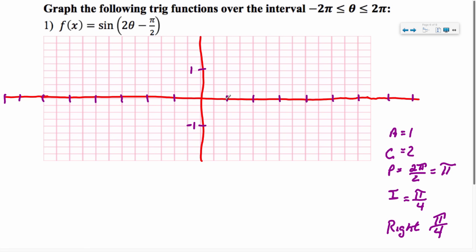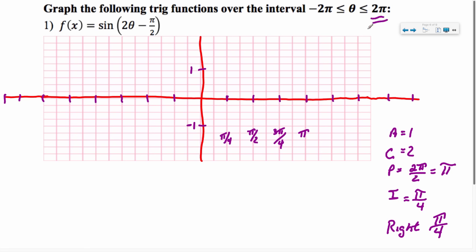As I mark out my counters, I'm counting by pi over 4. So this would be pi over 4, 2 pi over 4, which is pi over 2, 3 pi over 4, which you can't change, right? 4 pi over 4, there's my pi. Normally I would have just graphed that, but we want to go to 2 pi, so I'm going to have to do one more set of those.